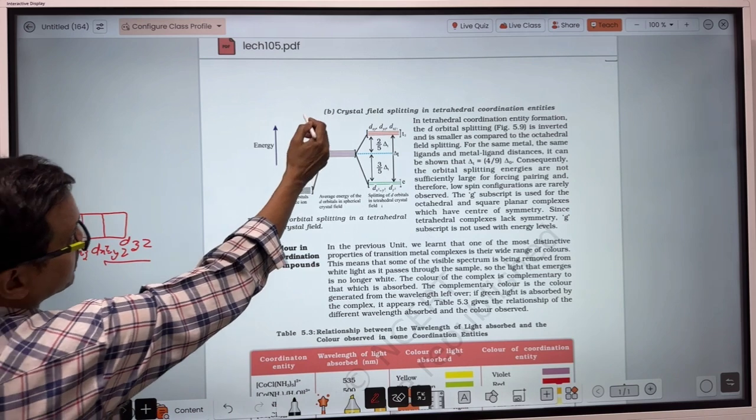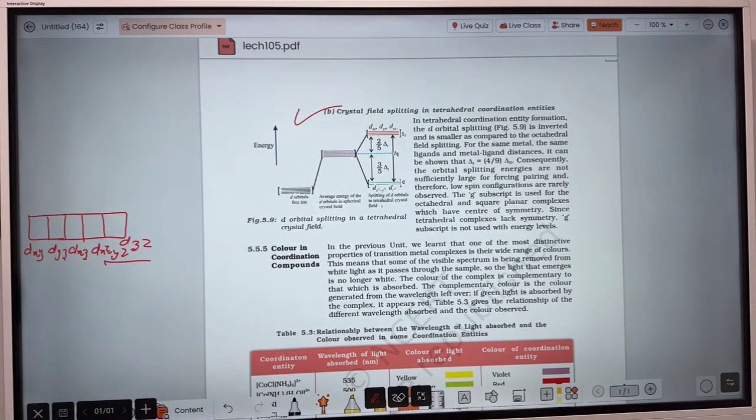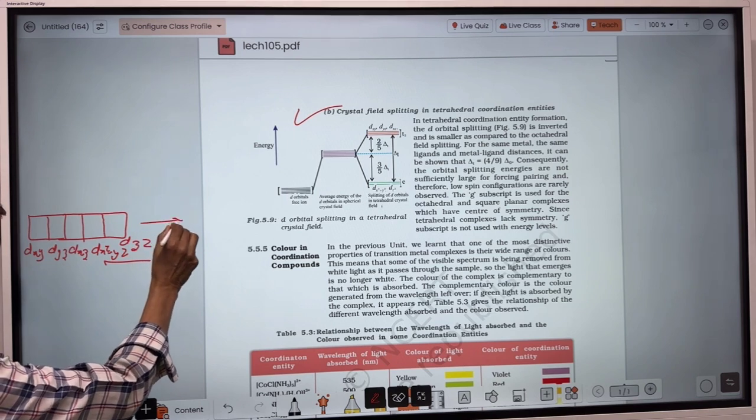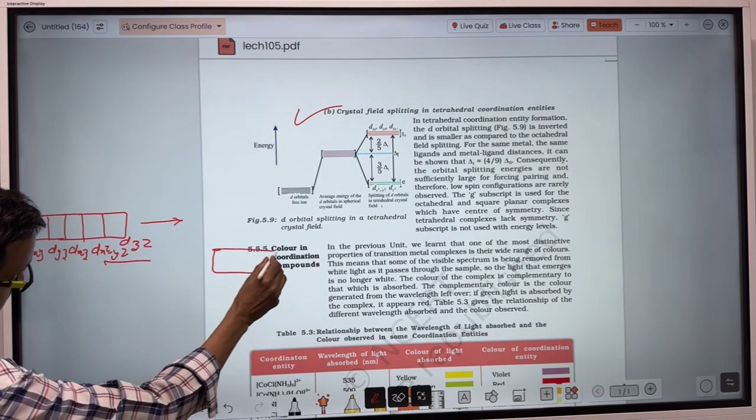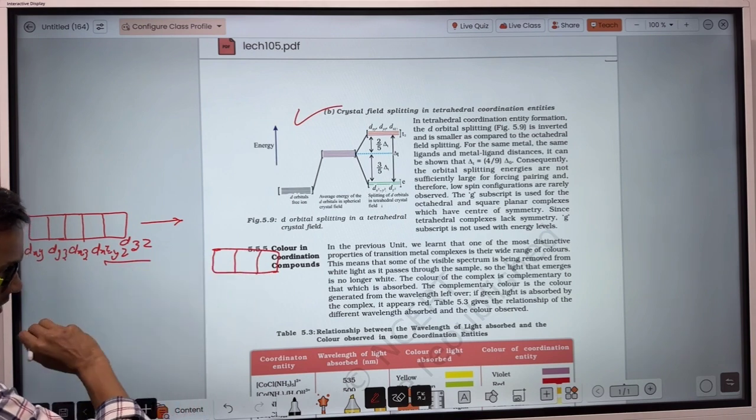Okay, that is for the tetrahedral complex. In octahedral complex, that will be different.